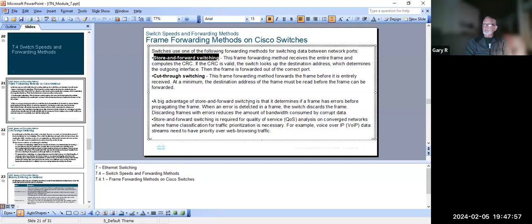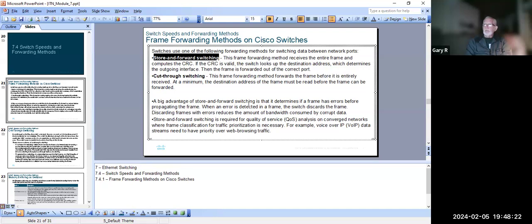If the values don't match, the receiver assumes that the frame was damaged somehow in transmission, and it simply throws the frame away. It does not send back a message to the sender saying, I got a frame that was bad. It simply discards the frame.